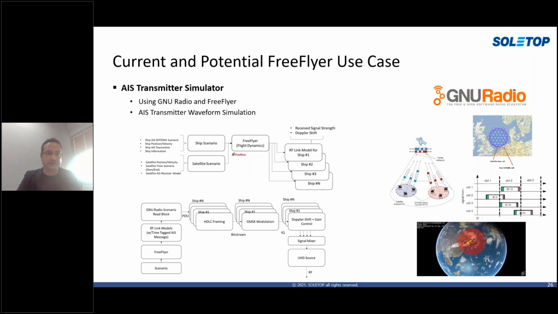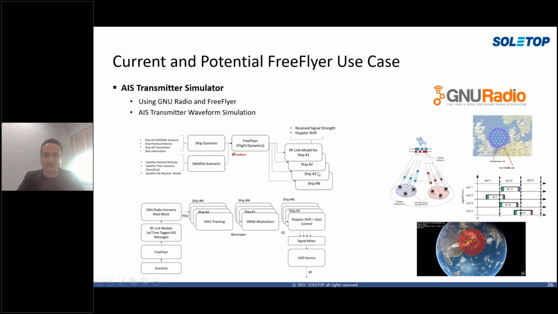And an AIS transmitter simulator using GNU Radio and FreeFlyer. This is another application that we have. It's still under discussion, but the radio link, RF link model for ships, is being simulated as shown here, with different ship scenarios and satellite scenarios, plugged into FreeFlyer, and the modules for each ship can be programmed.